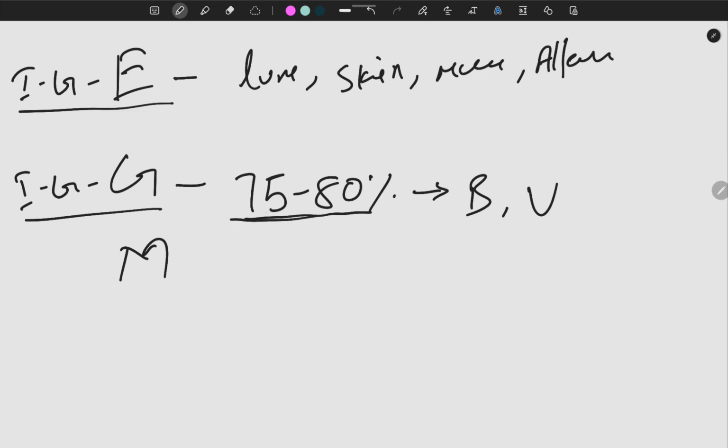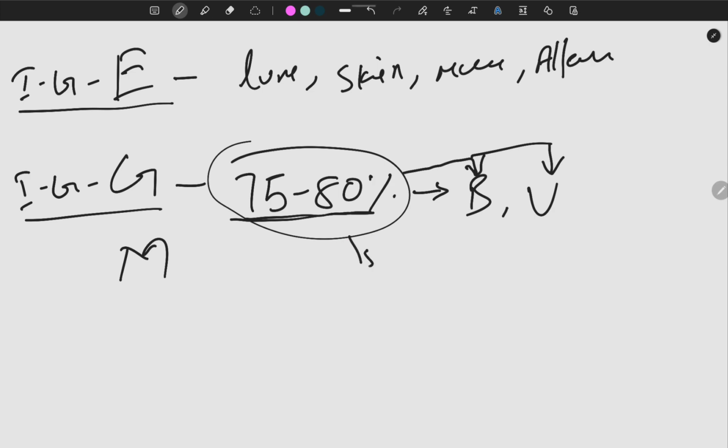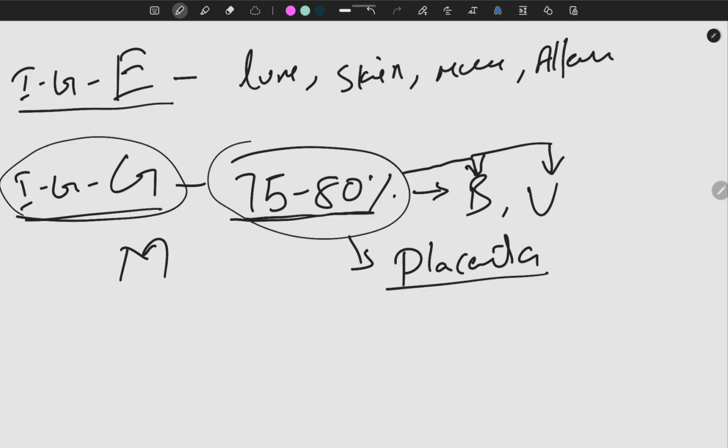Because of having 75 to 80%, these antibodies fight against bacteria and viruses, which are nothing but pathogens. The main important characteristic of IgG is that it can cross the placenta. So you may get the question of which antibody can cross the placenta, that is nothing but IgG.